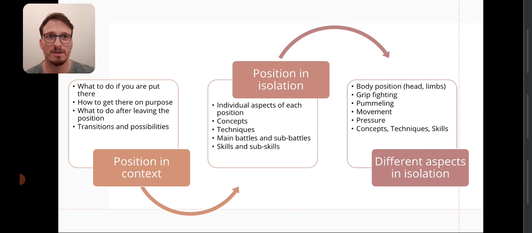And on the other hand, it makes more sense for the bottom guy to drill things if they know what the natural reactions of the top guy are.